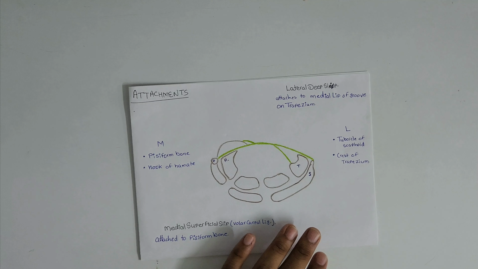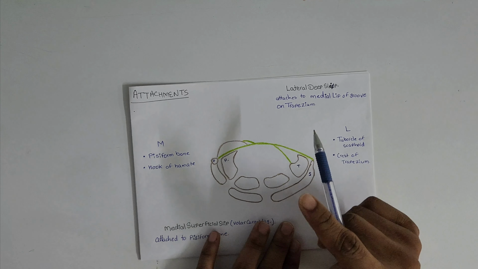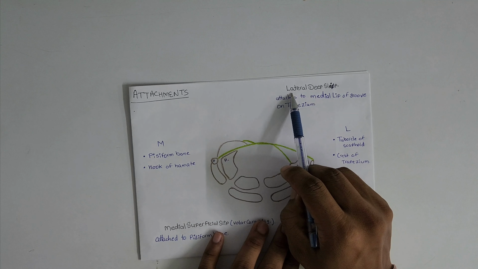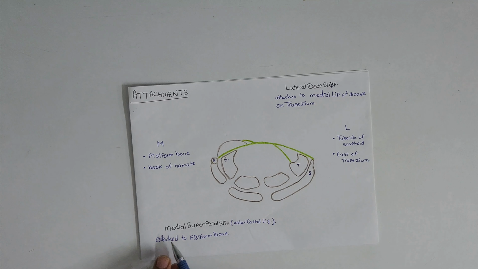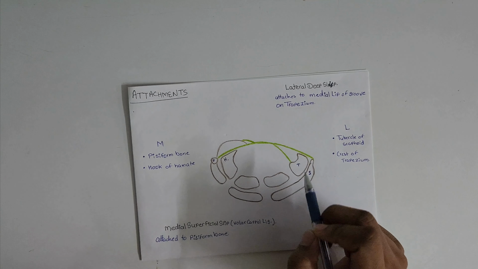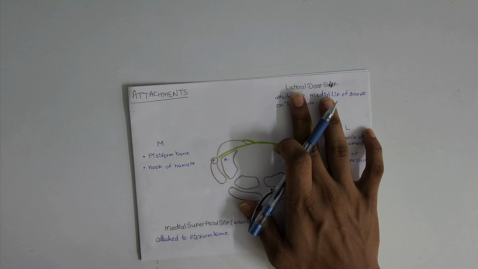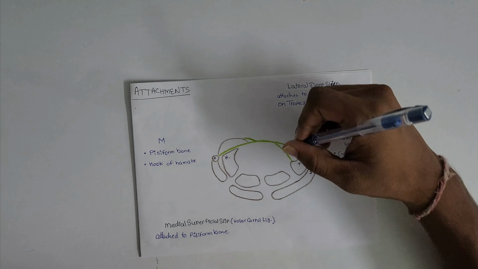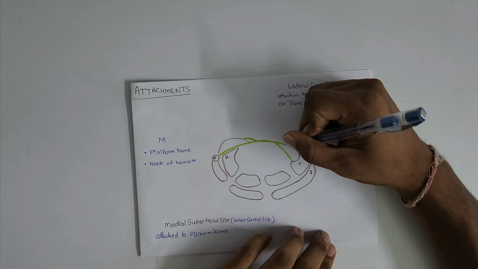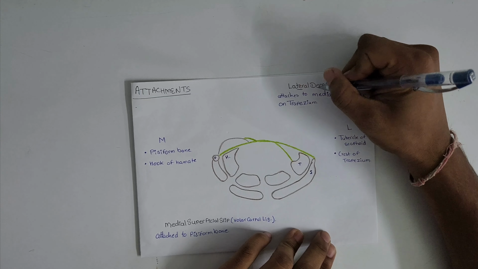Now here there is one extra thing: there is a lateral deep slip and a medial superficial slip. So what are these slips? These slips are an extra growth of this fibrous band.